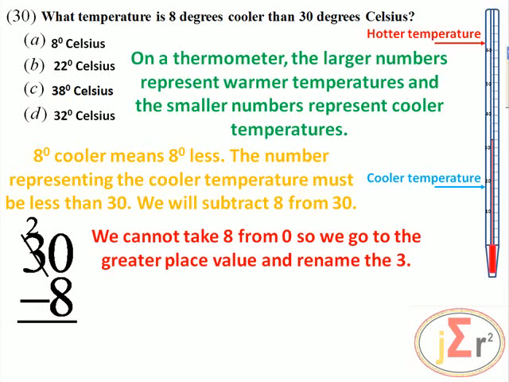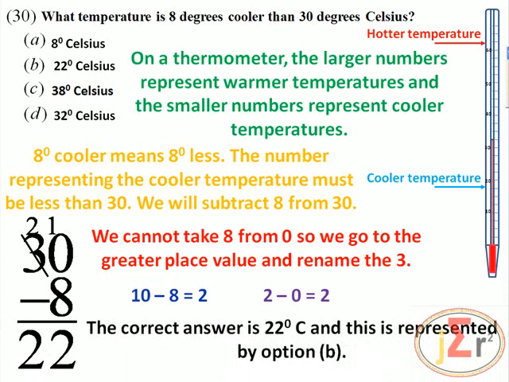But the place value to the left is always 10 times the present place value. So when we put it right there, we will put it there as 10. So 10 minus 8 is equal to 2. And there's nothing to be taken away from the other 2. It returns just as it is.